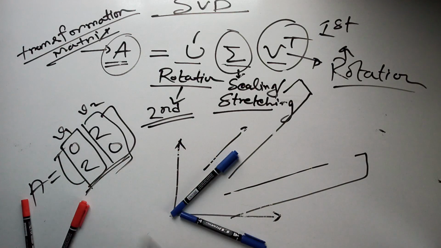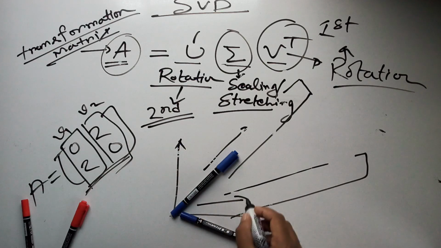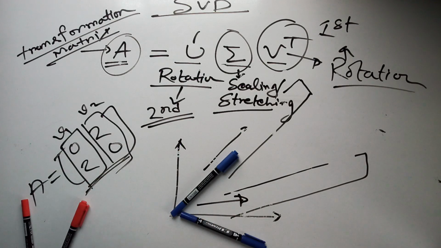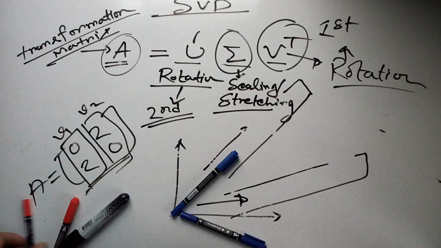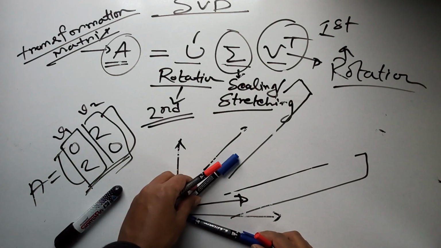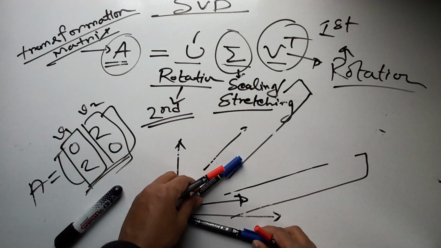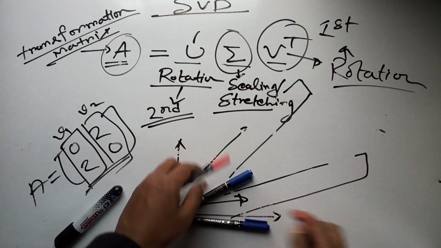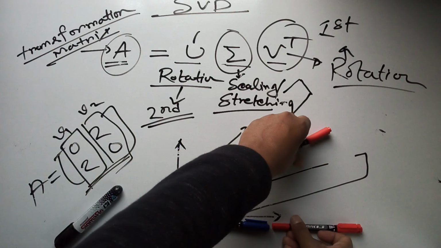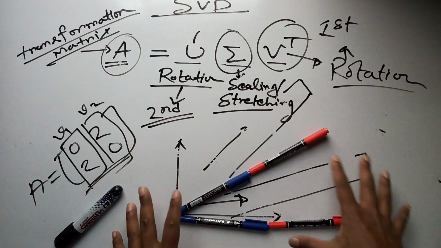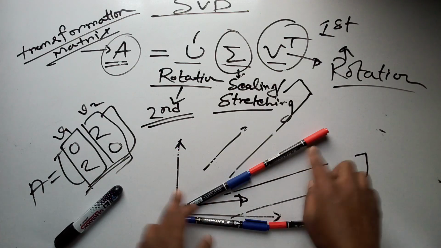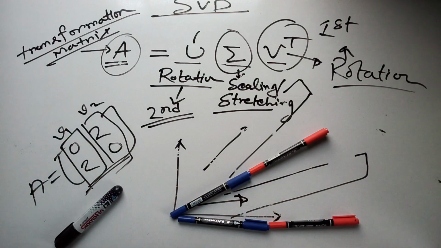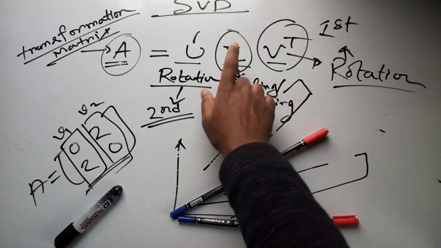If I do so, the force will apply in this direction, right? So these two vectors, after stretching, will be a little compressed like this one, and they will stretch by these scaling factors. Now after stretching, these vectors will look like this. So we are done with our second part.